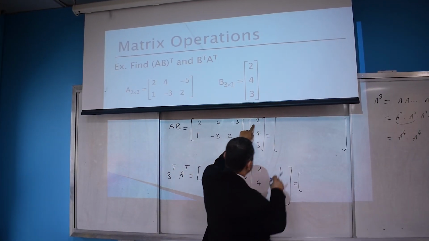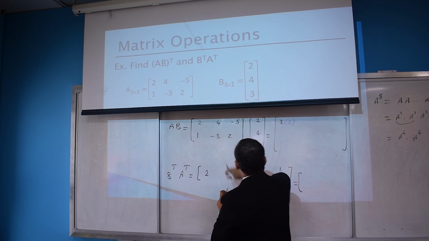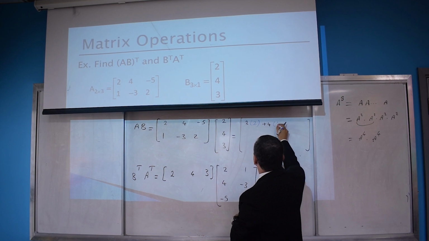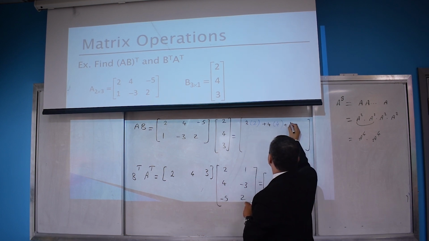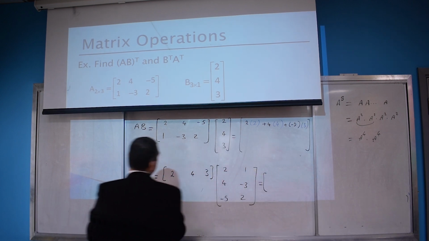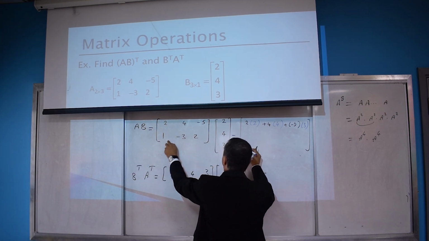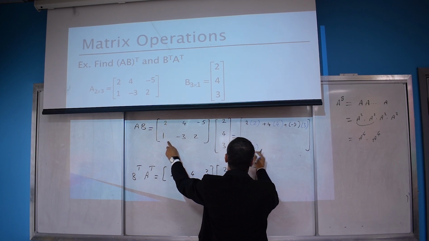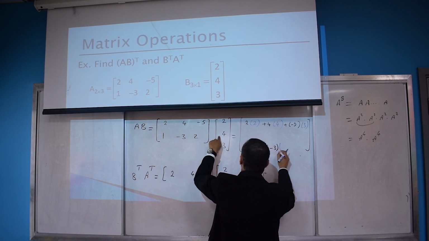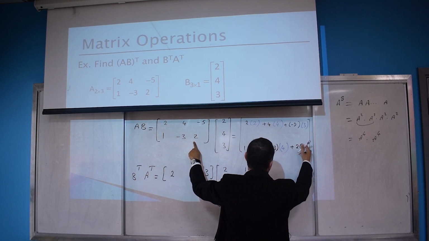It would be 2 by 2 plus 4 by 4 plus negative 5 by 3. And the second entry would be 1 by 2 plus negative 3 by 4 plus 2 by 3.